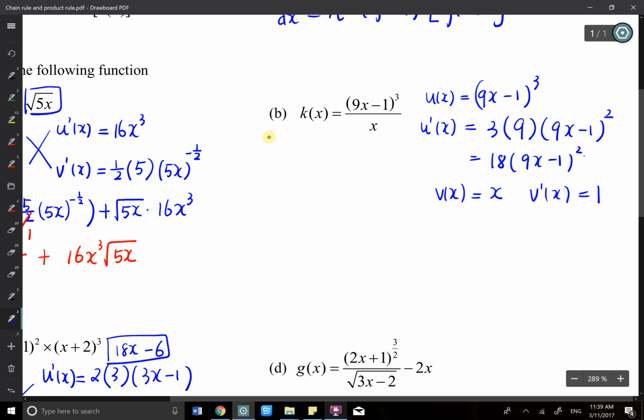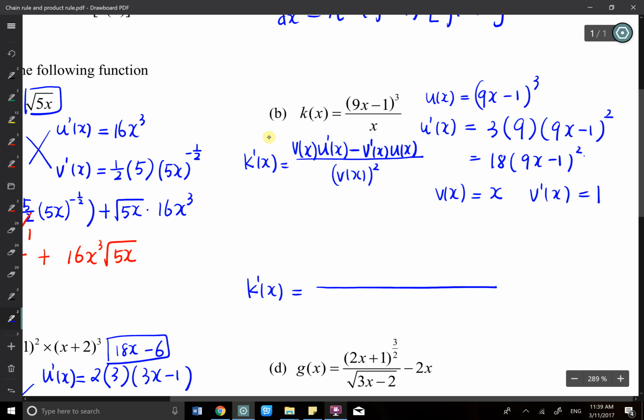So k dash x. Remember what we did before? We'll have v(x) squared on the bottom, and then v(x) repeated on the top times u dash x, minus v dash x times u(x). So my k dash x equals, v(x) squared, so it's x squared.